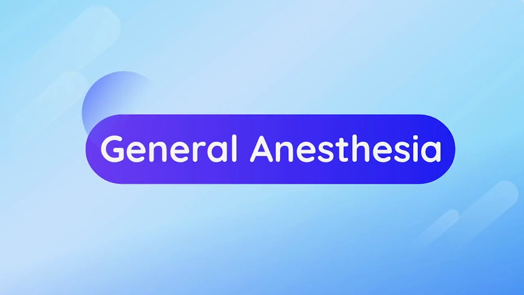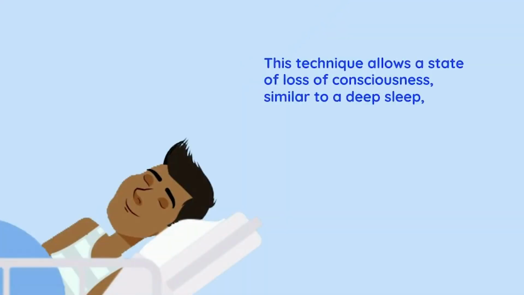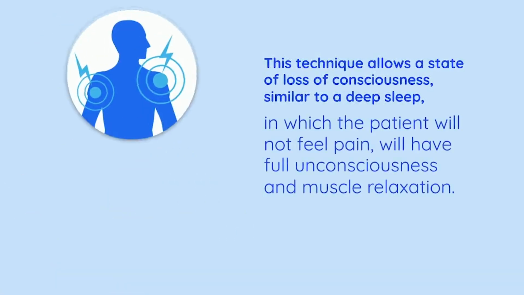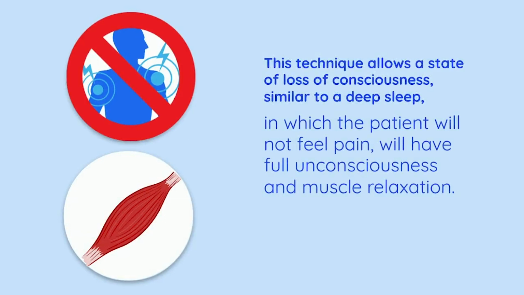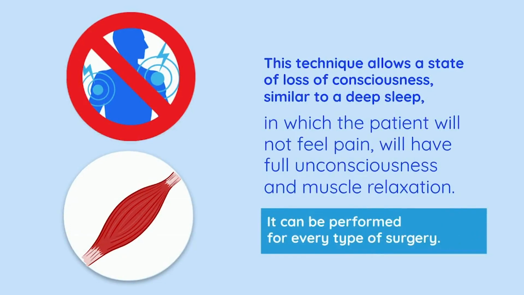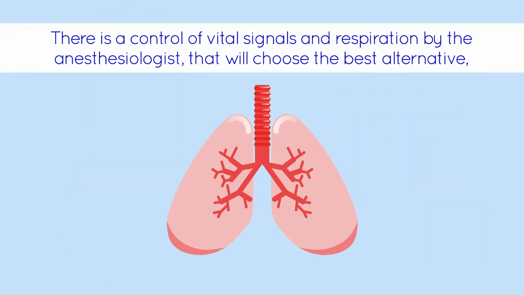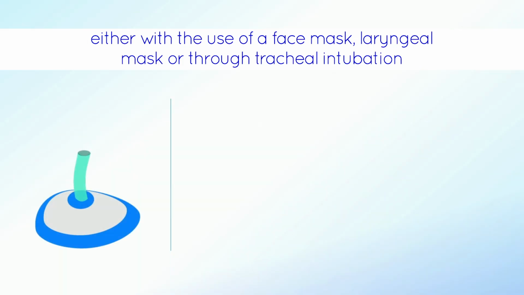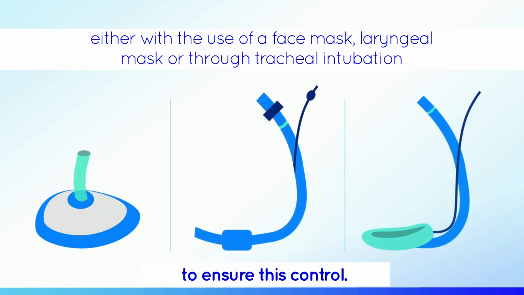General anesthesia. This technique allows a state of loss of consciousness, similar to a deep sleep, in which the patient will not feel pain, will have full unconsciousness and muscle relaxation. It can be performed for every type of surgery. There is a control of vital signs and respiration by the anesthesiologist that will choose the best alternative, either with the use of a face mask, laryngeal mask, or through tracheal intubation, to ensure this control.